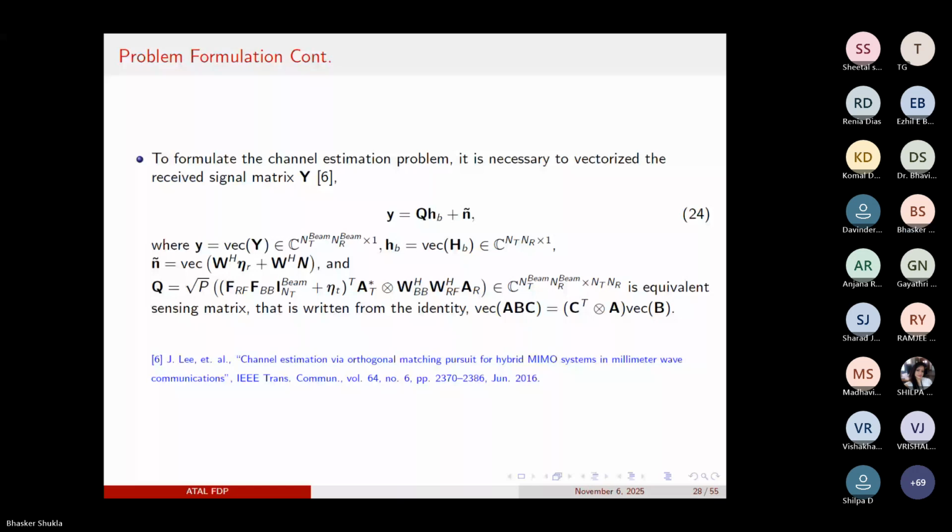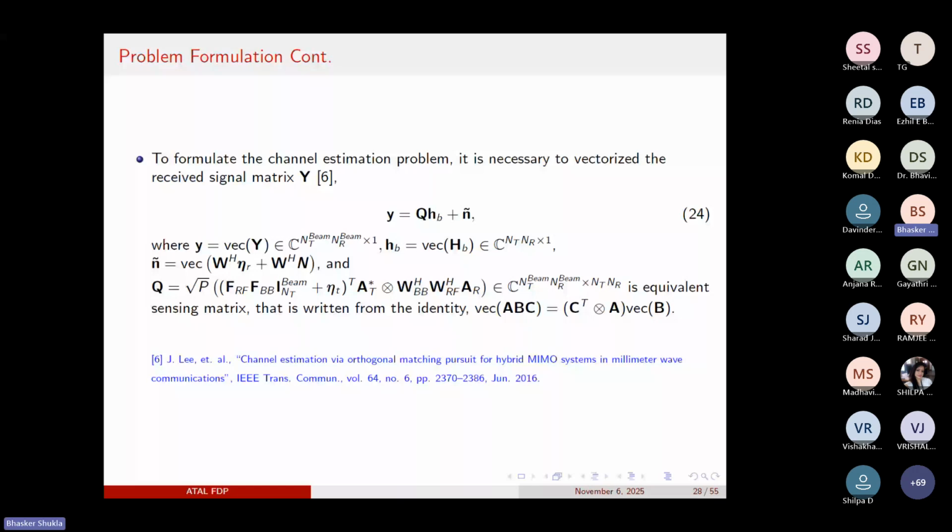Here n tilde is the vectorization of two noises: the receiver distortion noise multiplied with the overall combiner matrix, and the thermal AWGN noise n, given by the product W H N.